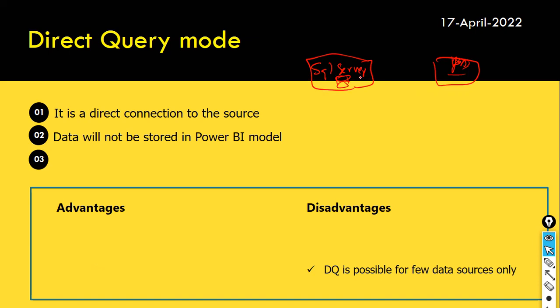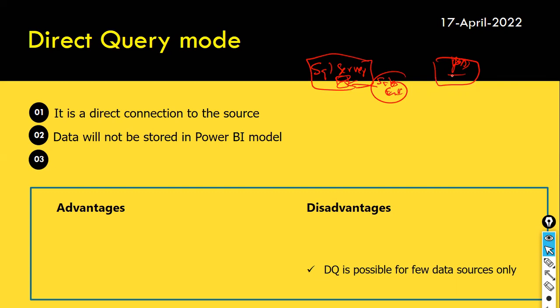and if you want to read the data from, let's say, a table called sales fact in your SQL Server database, if you connect to this database in direct connectivity mode, this table's data will not get imported locally here.